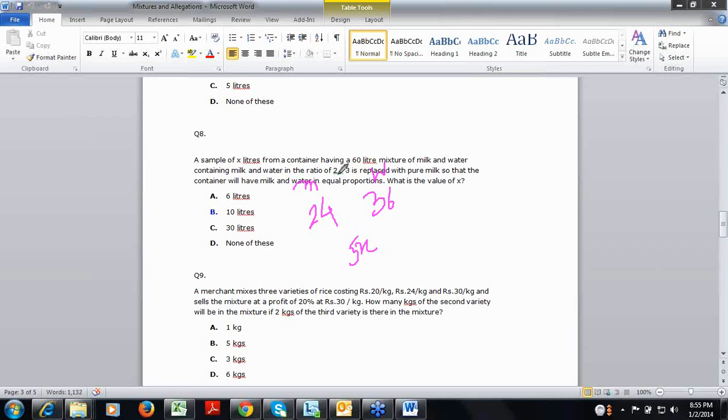So it has removed 2x of milk because it will be 2:3, so 2x of milk. Now it has replaced it with 5x of milk. So how much milk is there? 24 plus 3x and 36 minus 3x.